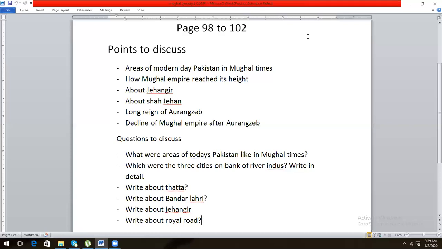Jahangir. Jahangir was the son of Akbar, and he was known as Prince Salim.